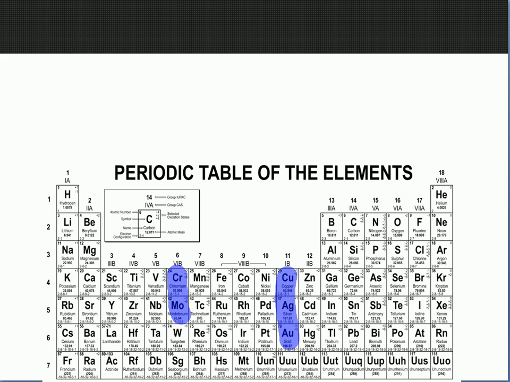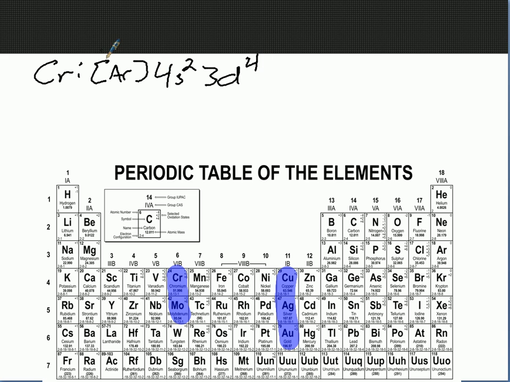So let's tackle the first one, chromium, and why it doesn't follow the rule. I'm going to use shorthand notation to discuss this. So Ar, and I would originally have written 4s2 and then 3d4. That would be the way it was probably taught to you and how you would write it.